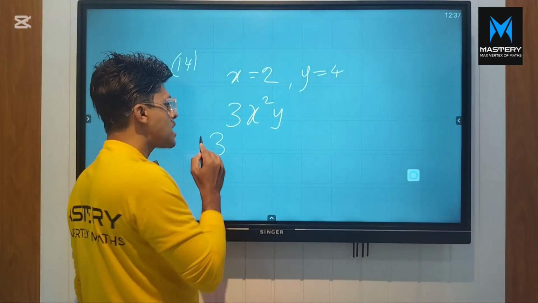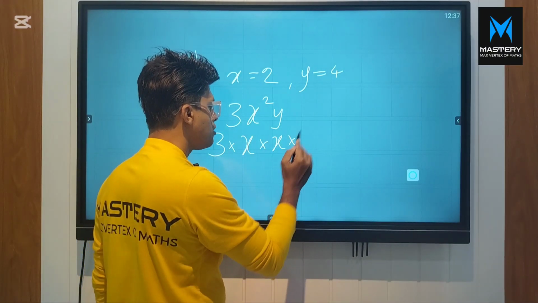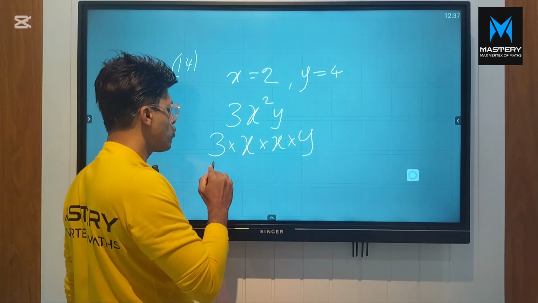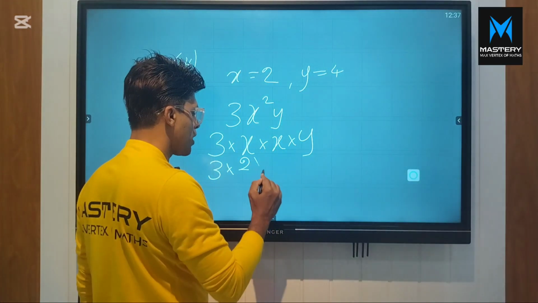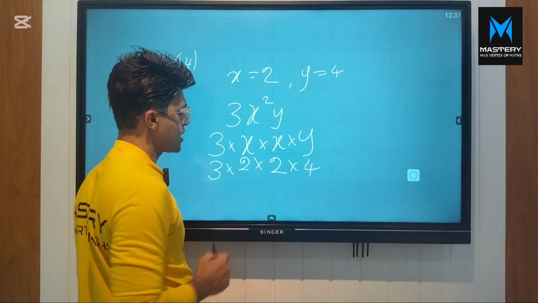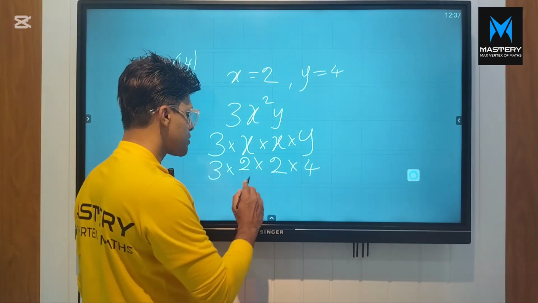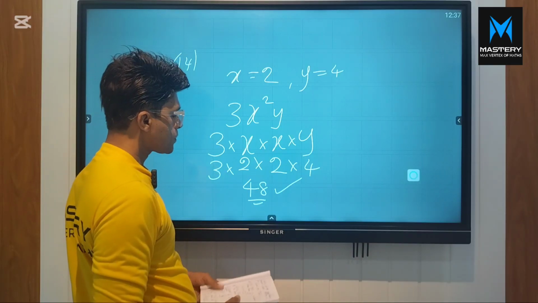This 3x squared means 3x into x, here y. Now these values you can substitute: x equals 2, y equals 4. 3 times 4, 6 times 12, 12 times 4, 48. This is the answer. Okay.